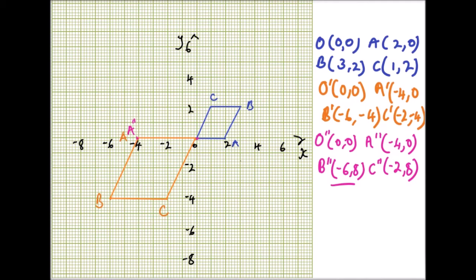So that is where we have A. And then we have our B, minus 6, 8. We just modify here, that's where 8 should be. So we can add here, this is where we have 8. So this is our B double prime, and our C is minus 2, 8, there.